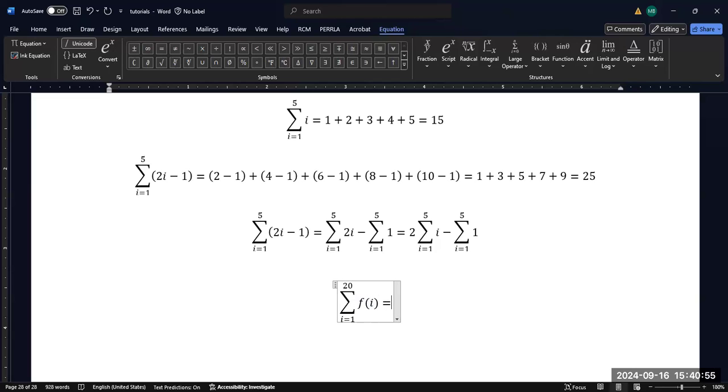And again, I don't really care about the formula in this case because I'm going to worry about the indices. I can split this up into, let's say, i equals 1 to 10, and then i equals 11 to 20.